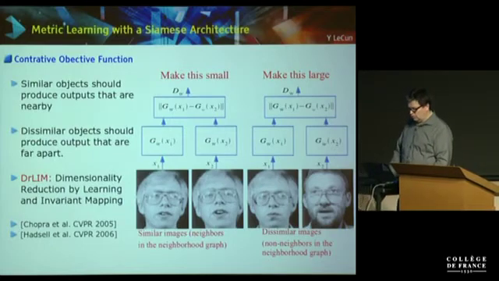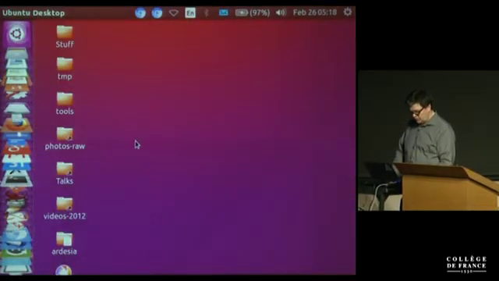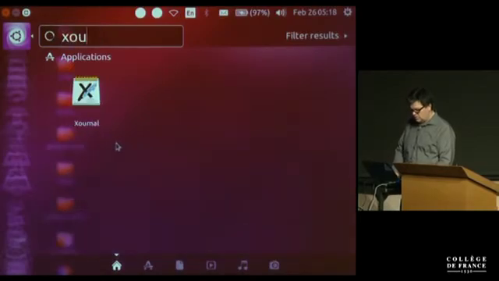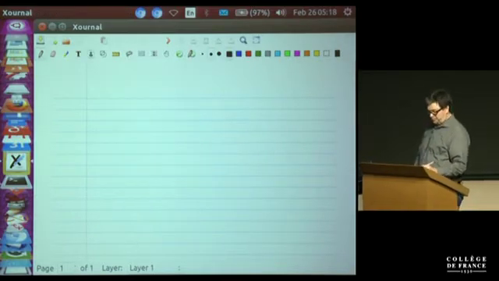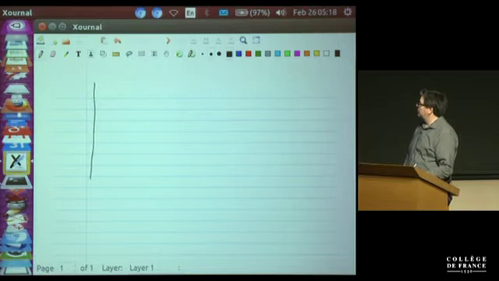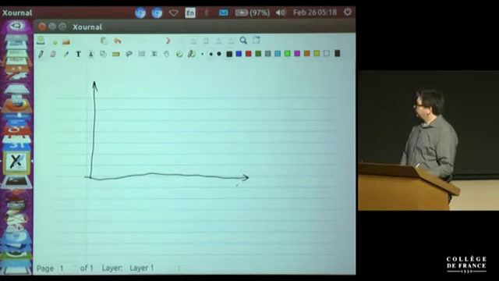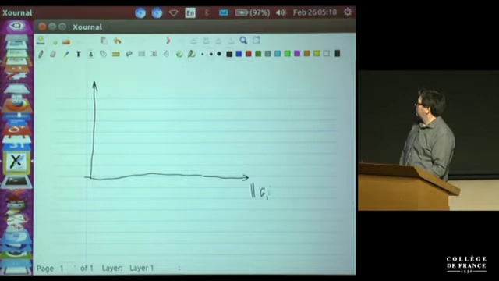But to do that properly, with Dr. Lim, well, the idea is quite simple. Let's say that this quantity is the distance between the outputs of the network for the first shape and the second, parameterized by the parameters.